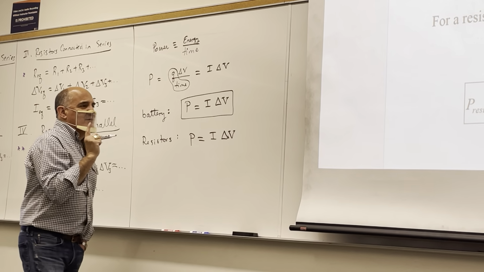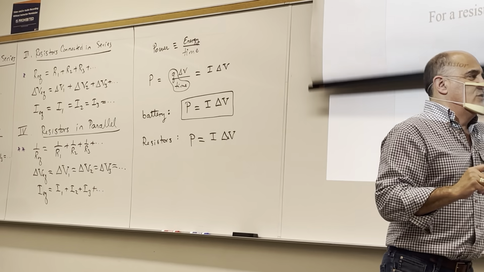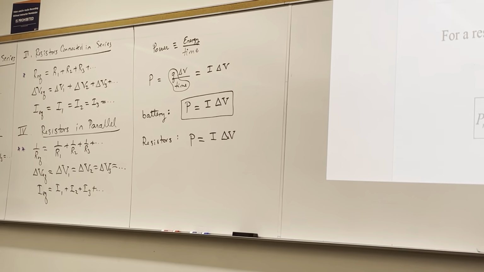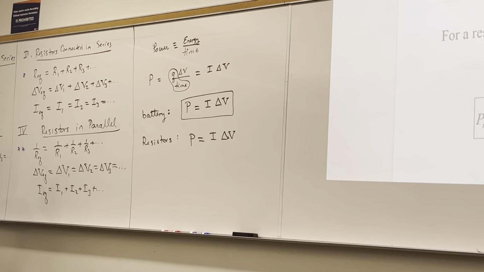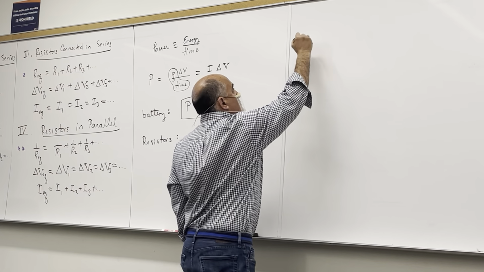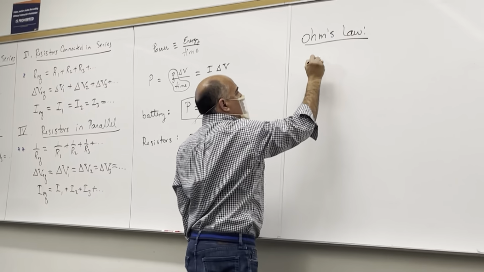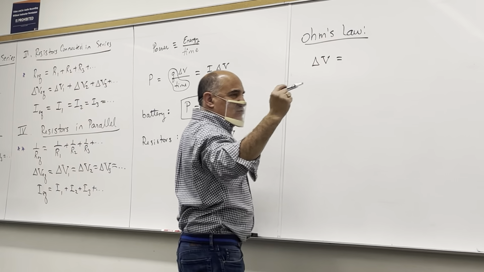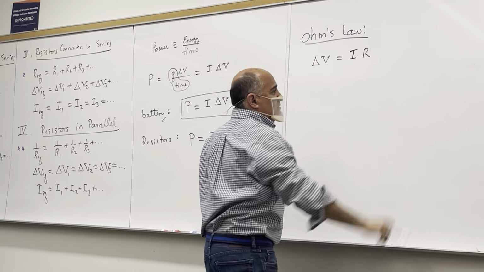But also, from Ohm's law, the master equation that relates voltage to resistance, we had the following: the voltage across the ends of the resistor is equal to the current through the resistor multiplied by its resistance.